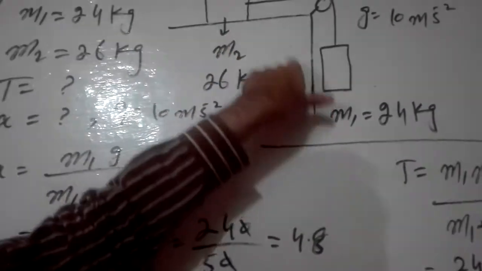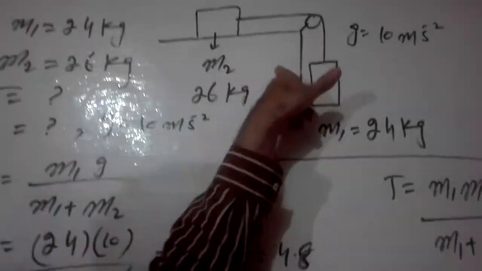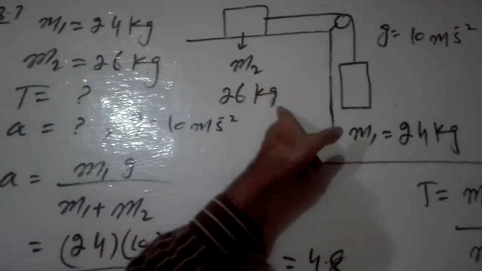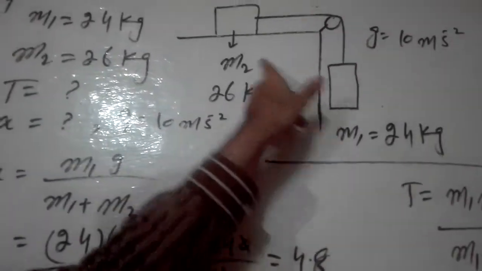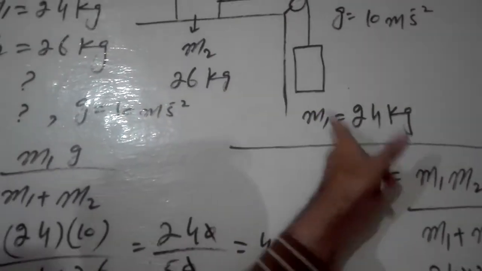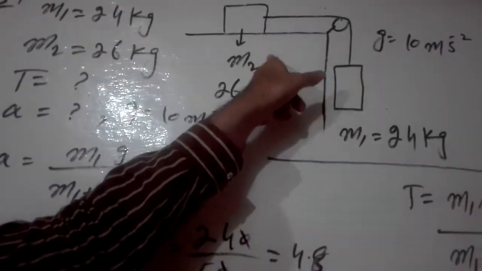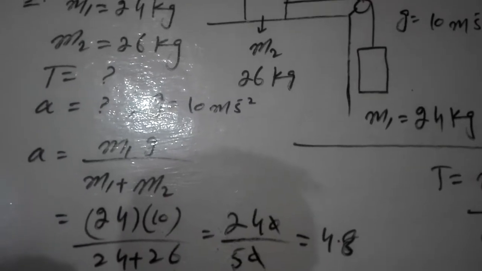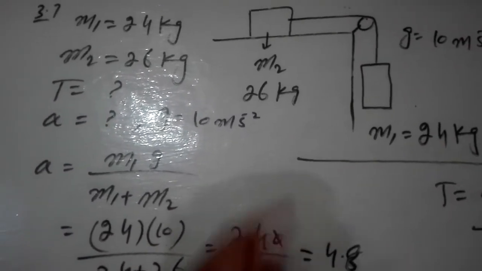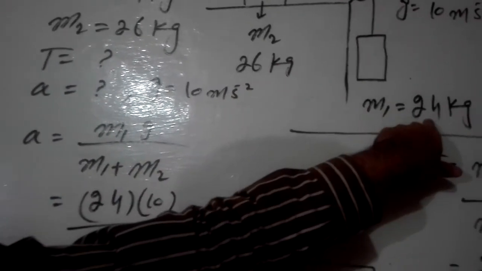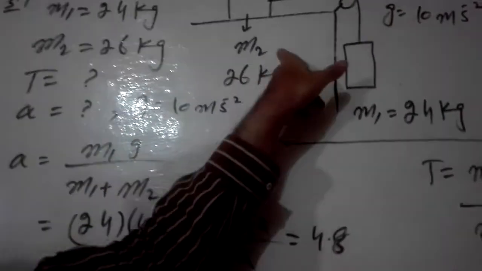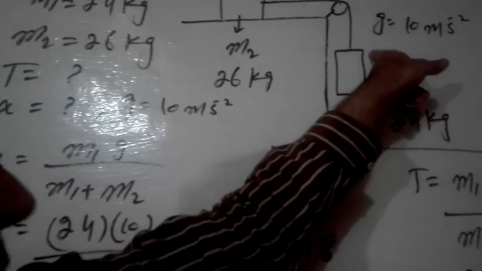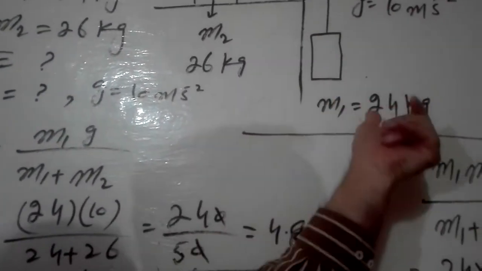First of all, keep this in mind, because many students make the mistake of taking M1 here and M2 here, because the formula given is for the larger mass placed on the horizontal surface. As here 26 kg is a larger mass as compared to 24 kg, that's why the larger mass you have to place on a horizontal surface, and the smaller mass will move vertically downward.